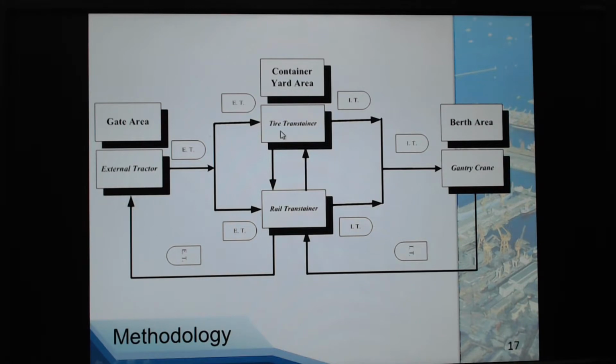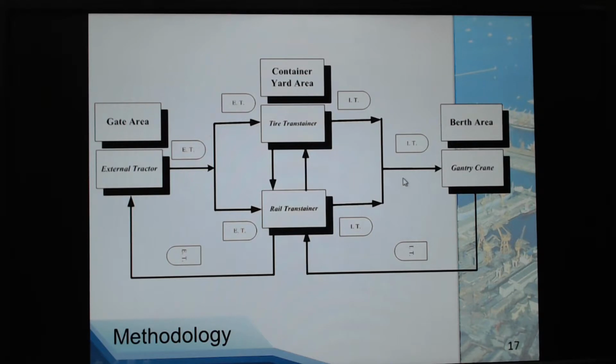The tire transtainer or rail transtainer picks up the container and stores it in the block, and then the export container is transported by the inner tractor from the container area to the berth area.